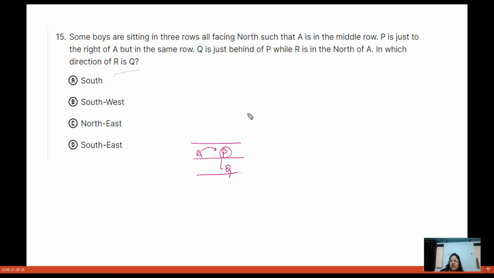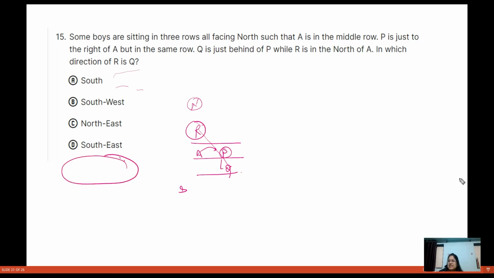R is in the north of A. Now it is asking in which direction of R is Q. So basically, this is north, this is south, this is southeast. So we have southeast as our answer.